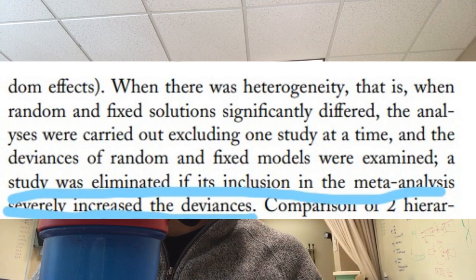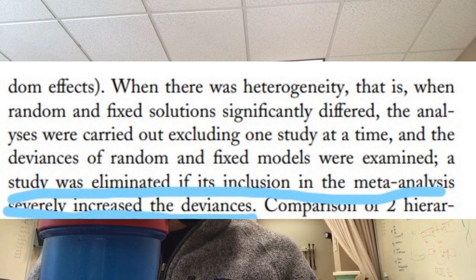So the analysis they did, they excluded 1 study at a time, and they found the random and fixed methods. And if they removed that 1 study and then they included it, and the difference between the random and fixed was just huge, astronomical, they eliminated that study.